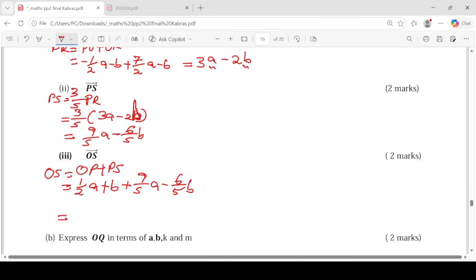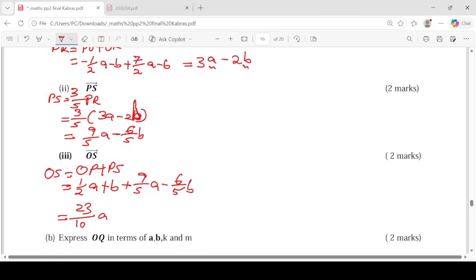This evaluates to, when you take a half of A plus 9 over 5, this is 23 over 10A.